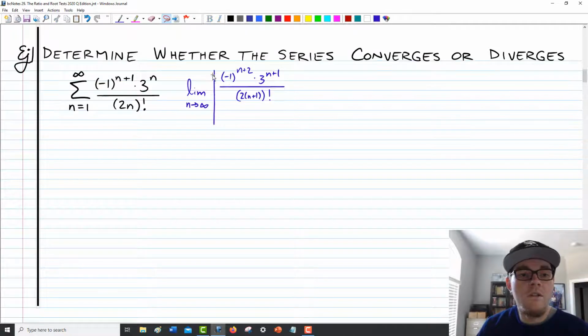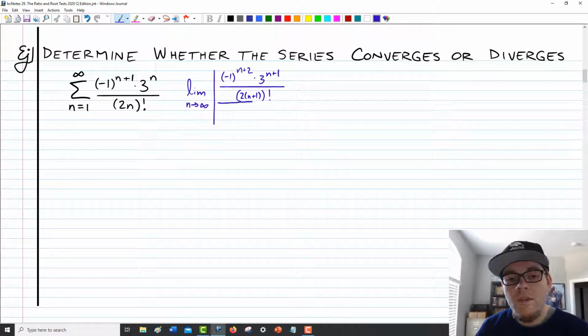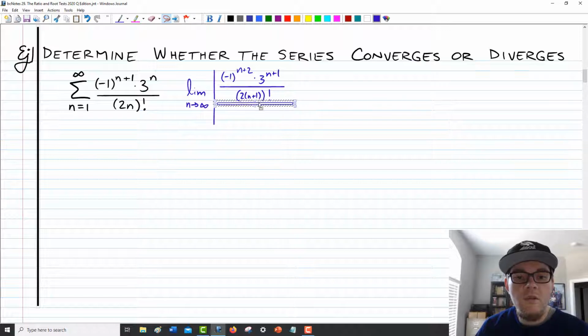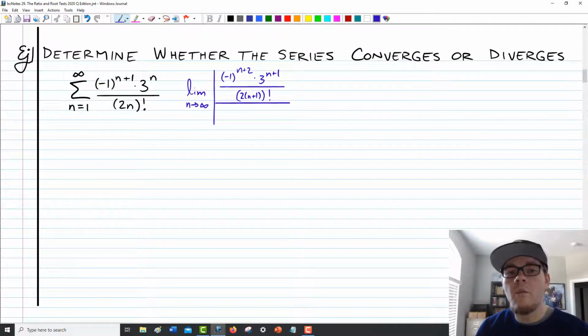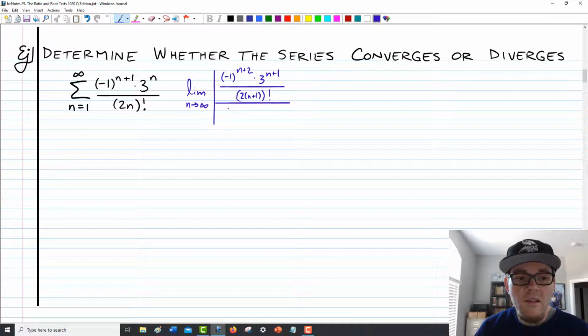I want to make sure that everything's in the correct place and that I have parentheses around everything. That's one of the bigger issues that I see in students: a lot of times they just don't pay attention to parentheses. They act like they're secondary, but they're really key things. So be very careful. And then in our denominator, we can put this expression down there too. So there is the ratio that we need to evaluate the limit of.